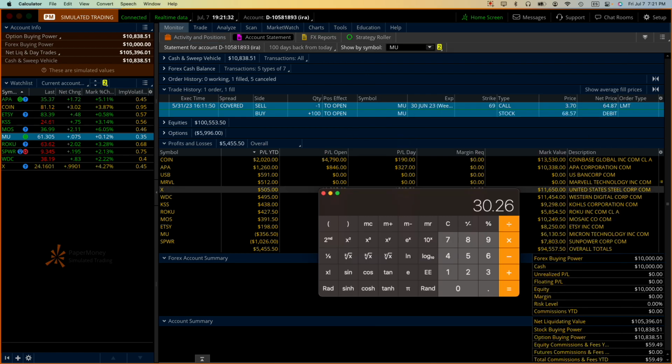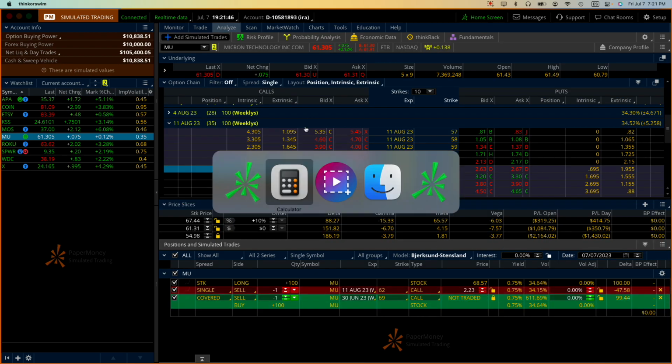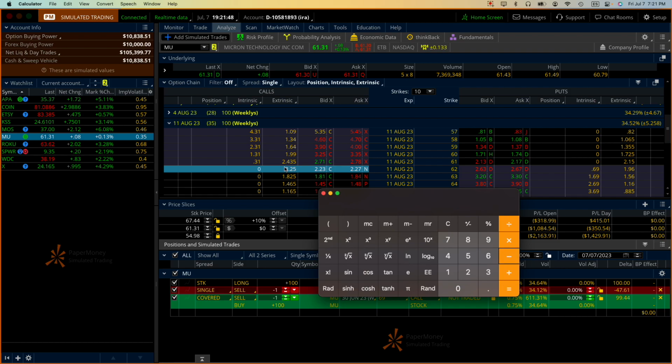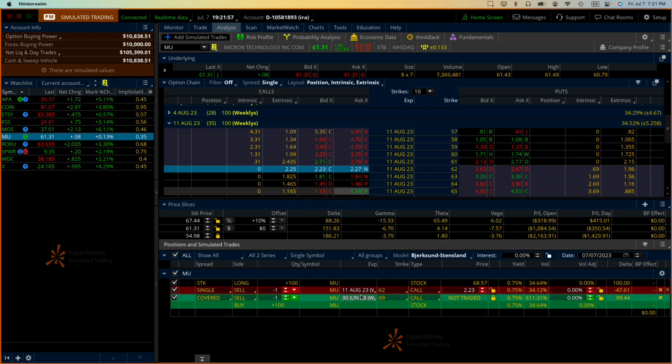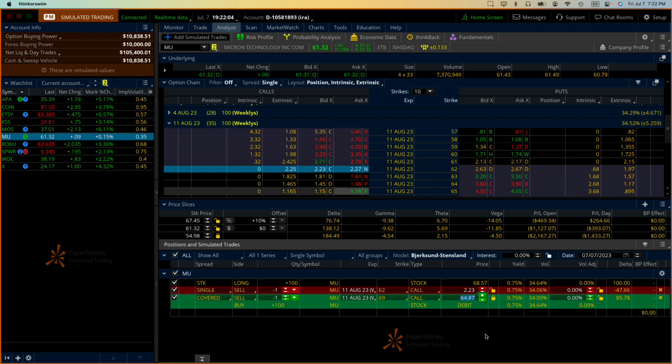The price I paid for my other option was 64.87, and I'm selling this option for 223. So this is my actual price after adjustments. I'm going to copy that and put August 11th here, and this is my new price.